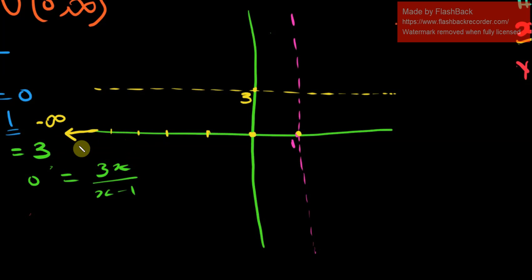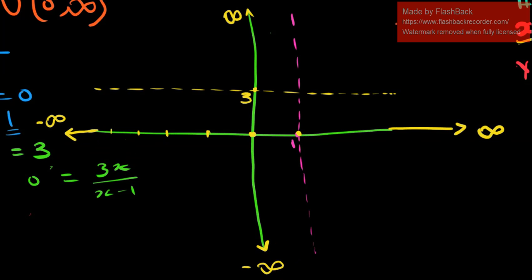How does it look as x approaches 0, or as x approaches positive infinity? What is the shape of the graph?